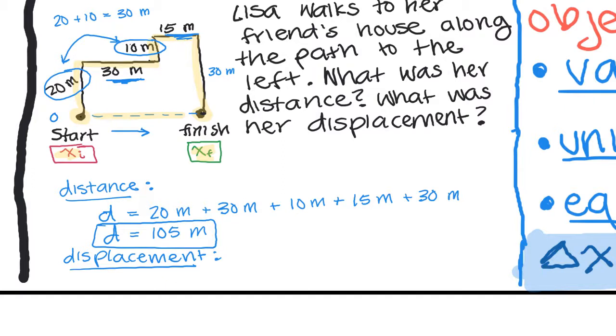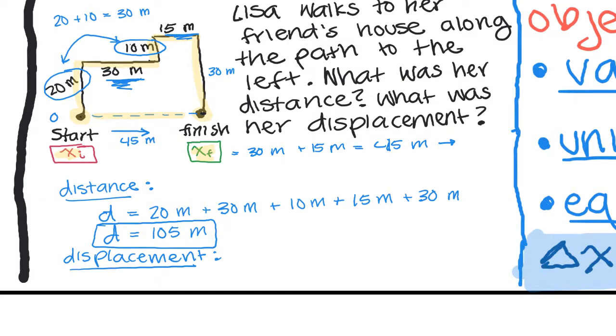So our final position is going to equal 30 meters from right here, plus 15 meters. 30 plus 15 is going to equal 45 meters east. Okay, so she walked 45 meters in that direction. So I'm going to add 45 right here.